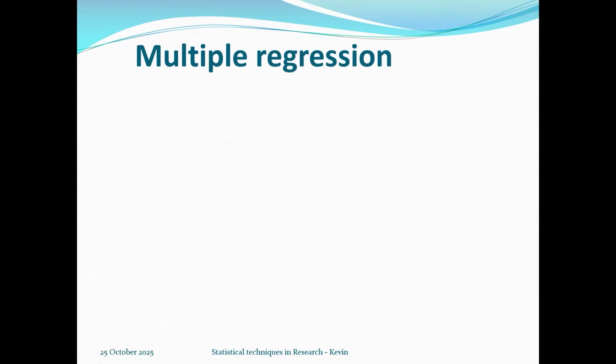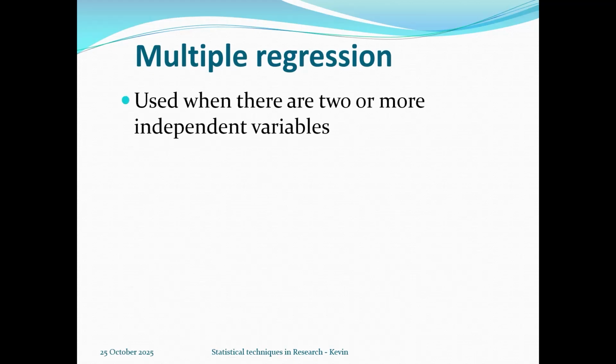Multiple regression. Multiple regression means in the previous case we took only one independent variable. Usually there will be more than one independent variable. So if you take more than one independent variable, it is called multiple regression, used when there are two or more independent variables.